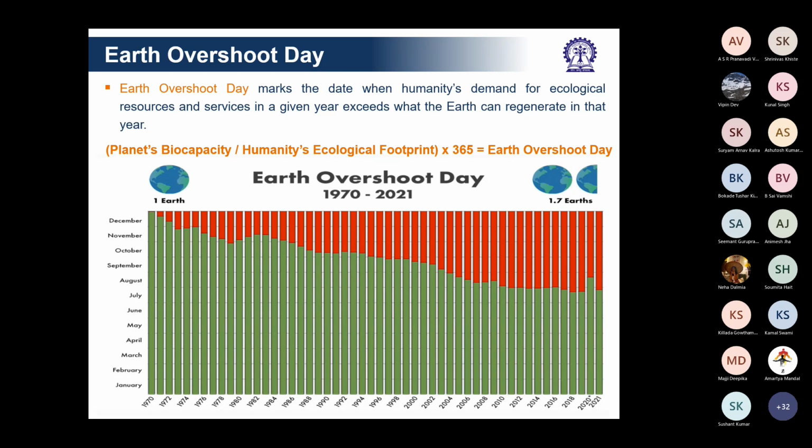According to the Global Footprint Network, which developed this measure together with the New Economics Foundation, the first Earth Overshoot Day fell on 23rd of December 1970. It was the first time in human history that humanity's demand on nature exceeded its biocapacity.